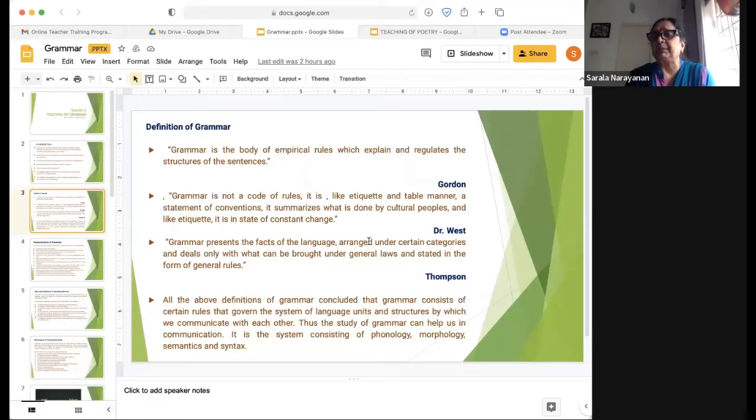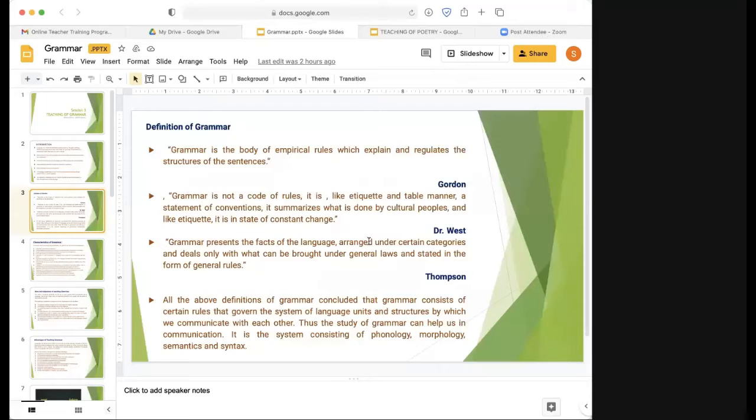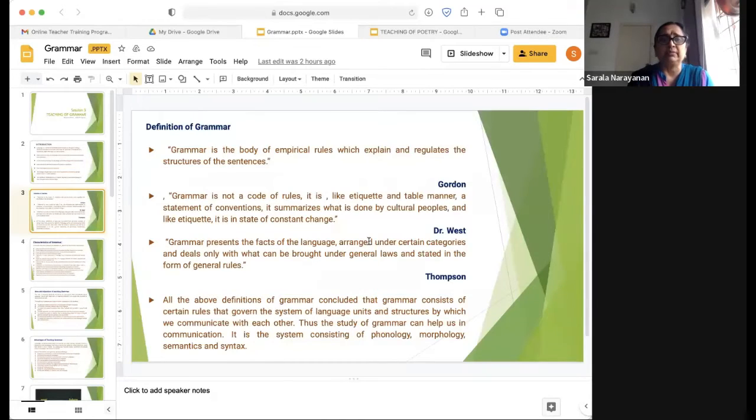So it depends on how the cultured people, what in English people always call the gentleman's use, how they use the language. So that is not more taught, but observed and learned. And it also undergoes a constant change.